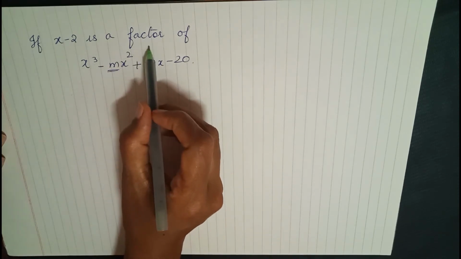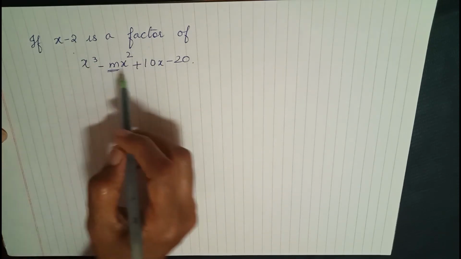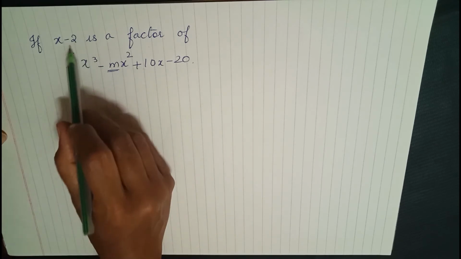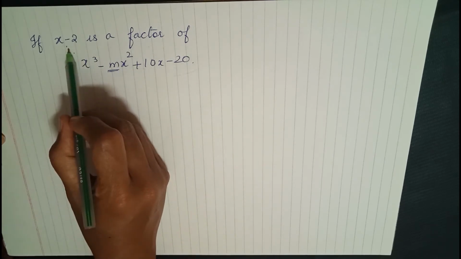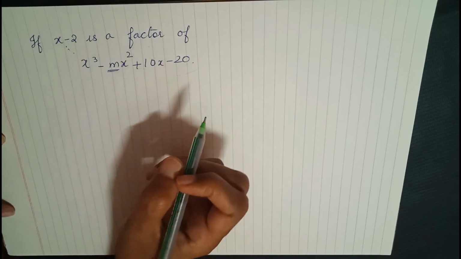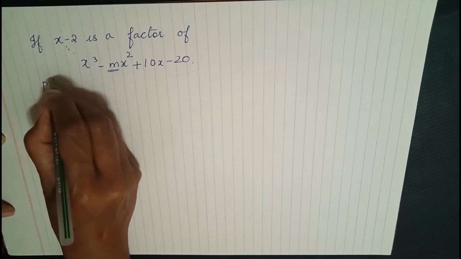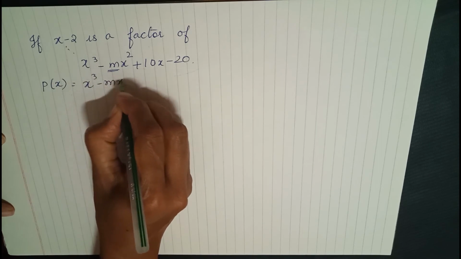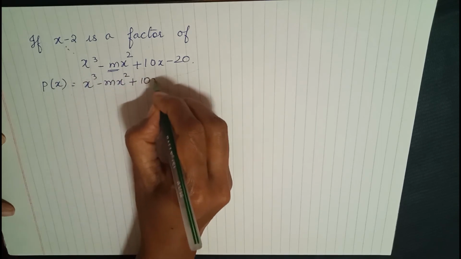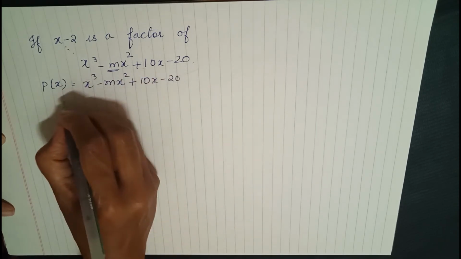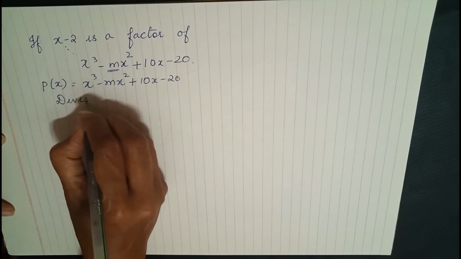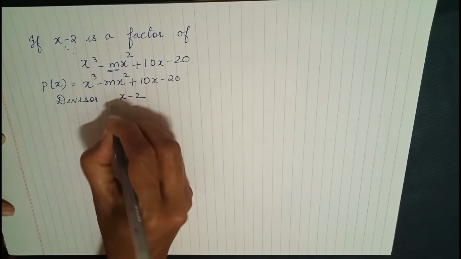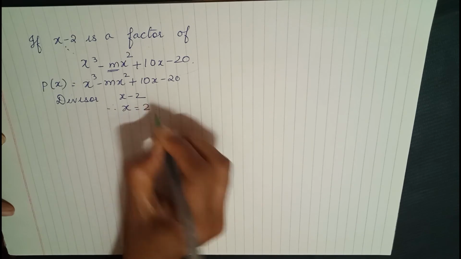Now here the given condition is that x minus 2 is a factor. That means when I divide this polynomial by x minus 2, the remainder that I get should be 0. So let's first write the polynomial x cube minus mx square plus 10x minus 20, and the divisor is x minus 2. So we take the value of x as 2.